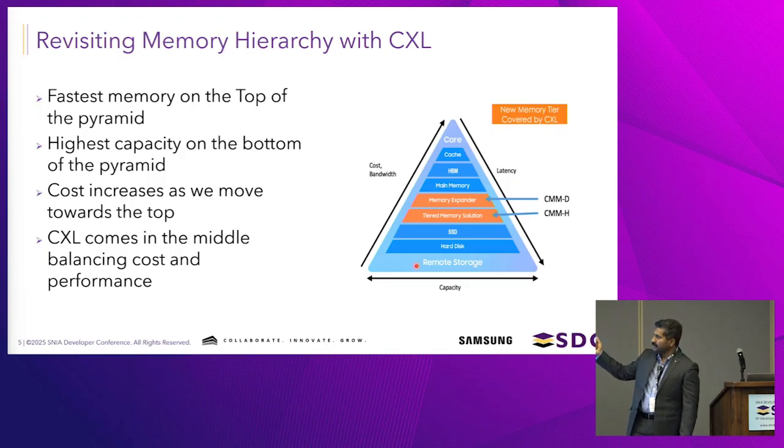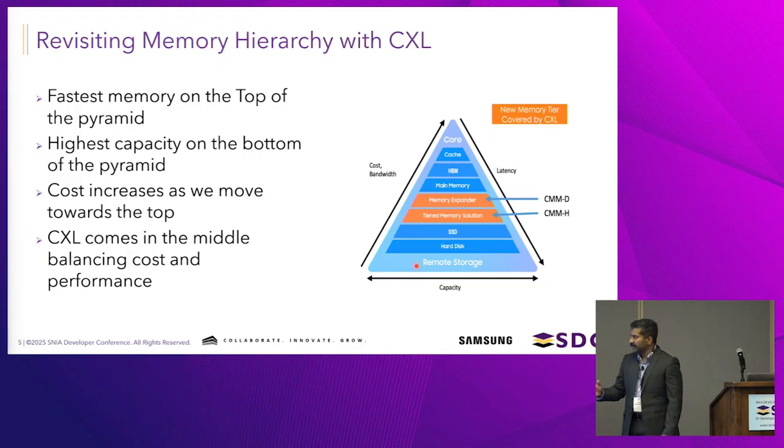What we are doing here is that we are trying to have CXL-based memory, and there are two kinds of memories which we have explored for this particular experiment. One is called CMM-D, CXL Memory Module DRAM, and the other is CXL Memory Module Hybrid. These are Samsung devices.